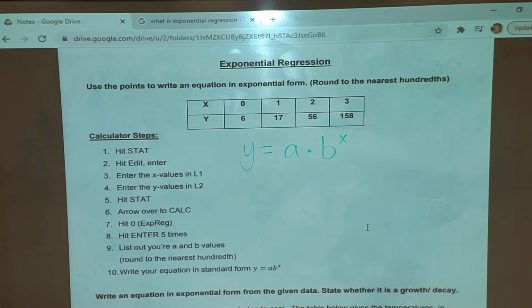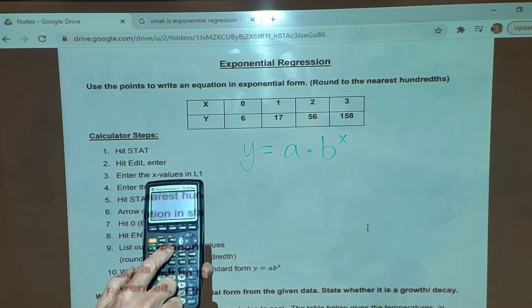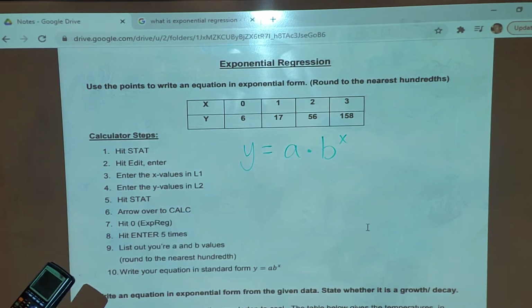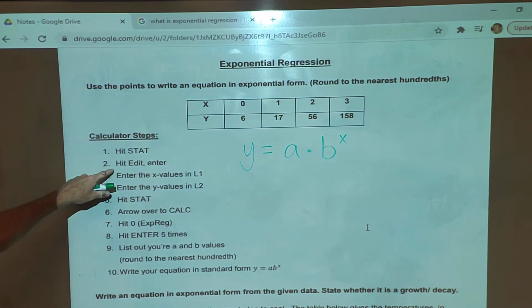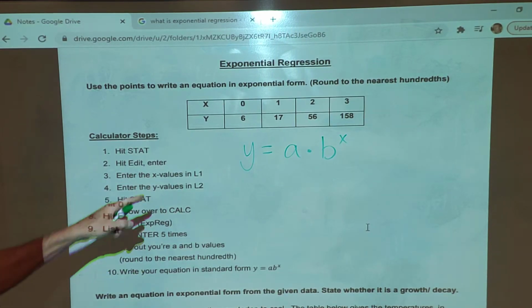So first of all, we will hit the Stat button. On your calculator, Stat button, and it is already highlighted on Edit, so we hit Enter. Let me delete my previous entry points. Under L1, we are going to put our X values.